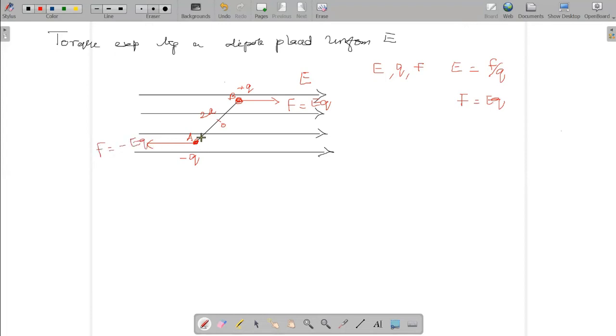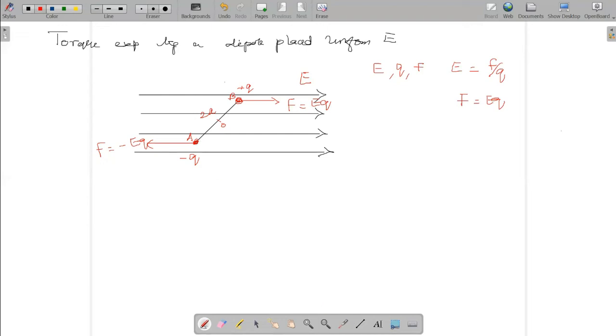So it is clear the two forces are found to be equal and opposite, separated at a distance. So whenever the forces are equal and opposite, separated at a distance, they constitute a couple or torque. So two equal and opposite forces, separated at a distance, constitute a couple.